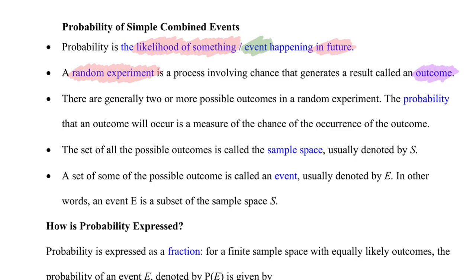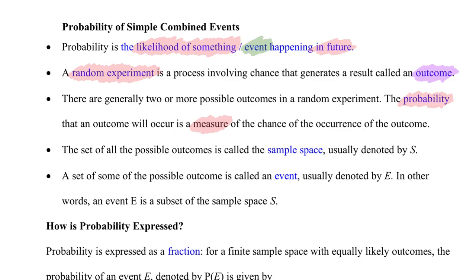And therefore this probability is essentially a measure or a number that helps us to denote the chance of that particular outcome happening.